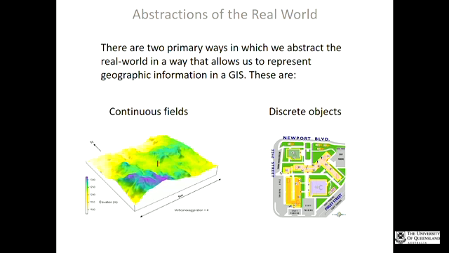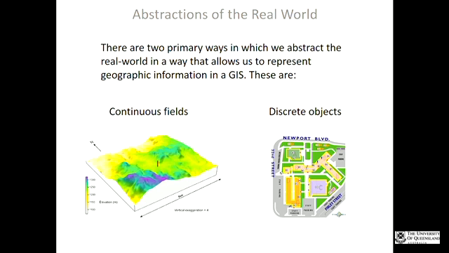There's two ways geographers have tried to do that. One is using a thing called continuous fields, and one is a thing called discrete objects. Continuous fields represent things that vary continuously.